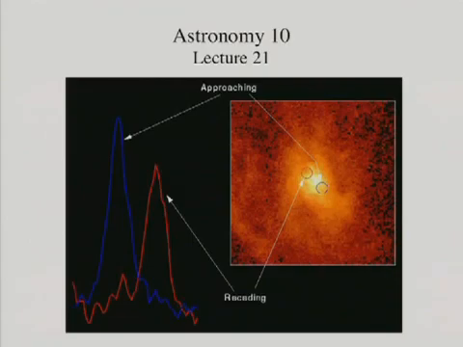All right. This is a spectrum of M87 shown on the screen. M87 is a giant elliptical galaxy we'll talk about later. We know it harbors a gigantic black hole. How do we know that?